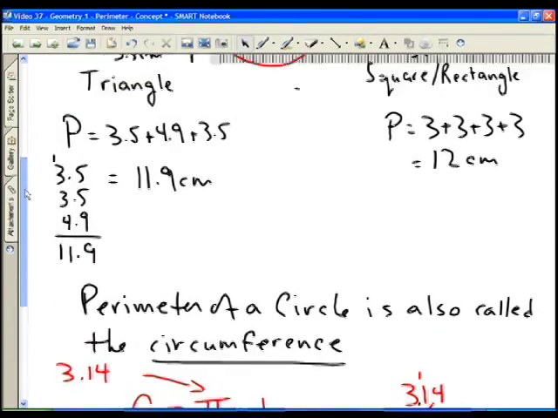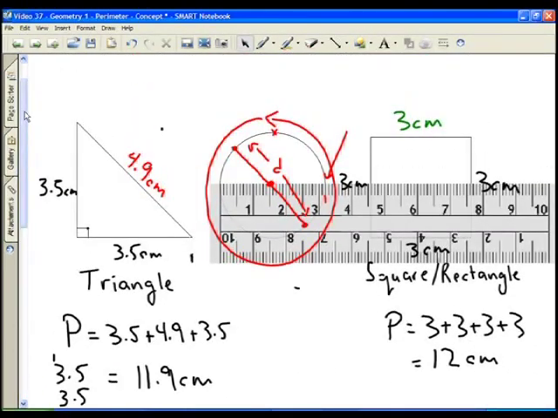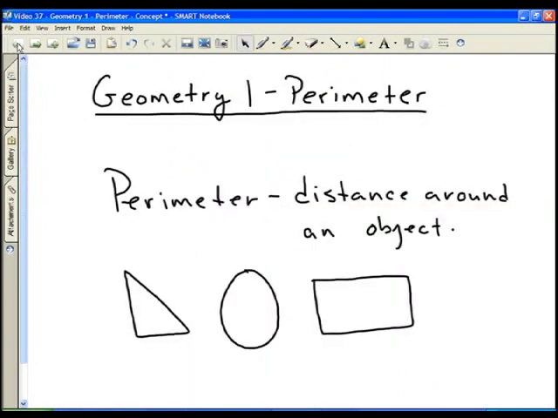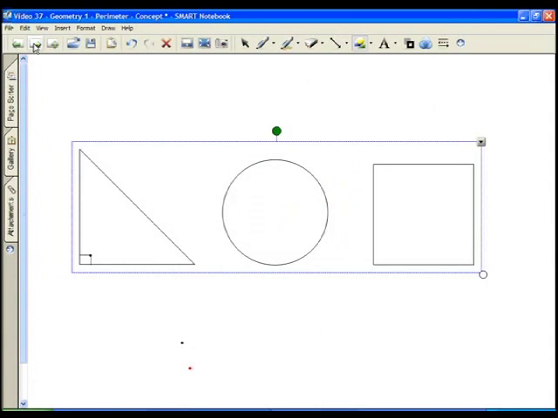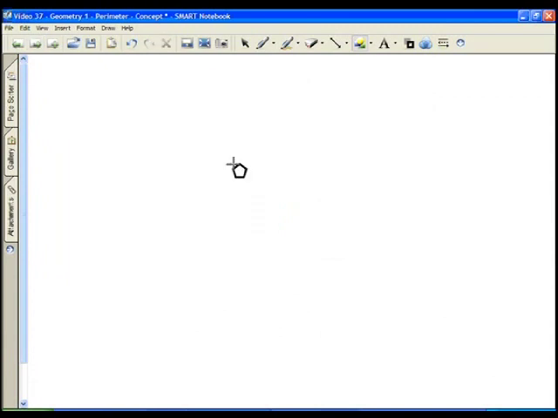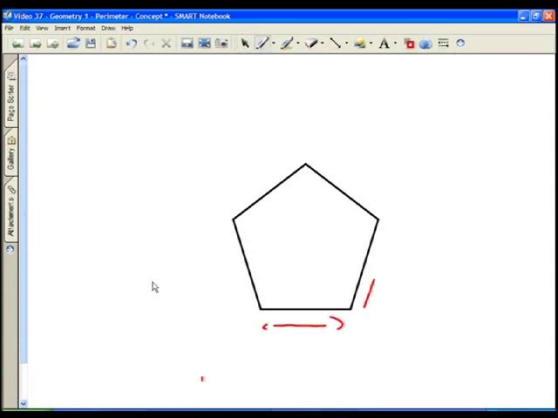So remember that the perimeter of an object is the distance around. It's the distance around the outside of any object, and it doesn't matter what the shape of that object is. We could look at a shape like this, and this is a pentagon, but if we measured the distance of each one of these lines and added them all together, then that would be the perimeter.